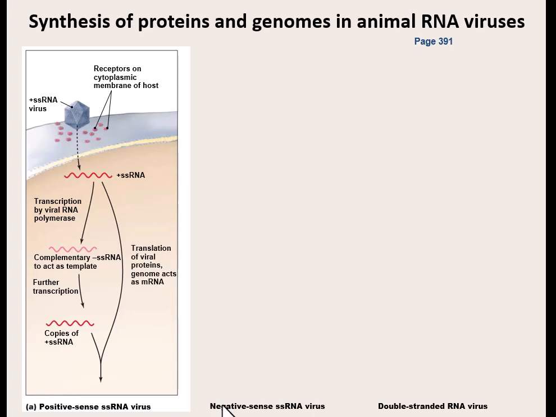And so a ribosome's gonna be like, oh, yep, I know how to recognize that. I can read it just like normal translation. It reads it 3 letters at a time, bringing in all the correct amino acids. It makes all the different viral proteins. The positive sense single-stranded RNA is gonna be most similar to messenger RNA. Because our ribosomes recognize messenger RNA, it recognizes the positive strand, and it will just sit there and mass produce proteins.